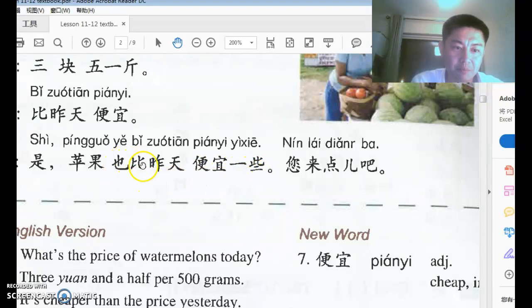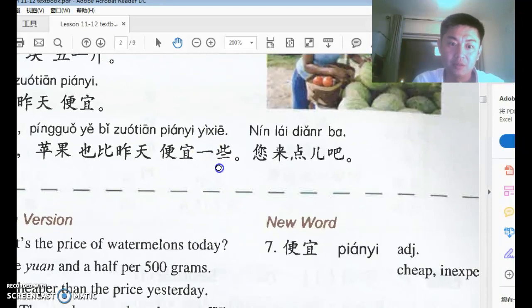Now, this is also a B construction, but there's some sort of supplements here. 也 also, it's easy to understand. Now if you take a look at this comparison, in English you would never do this, right? It would be a wrong sentence because you cannot compare 苹果 with 昨天. So apple is cheaper than yesterday, or somehow. 一些 means some, to some degree.